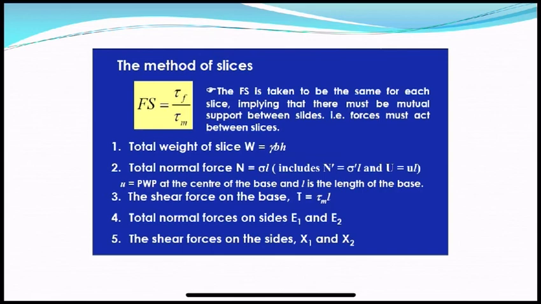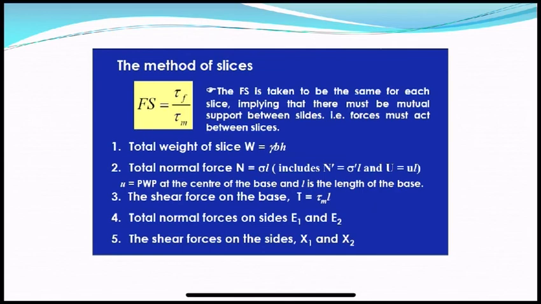The total weight of the slice W is equal to gamma times b times h. If you consider a slice of width b, the height is measured at the center of the base, where the weight is actually acting, so the weight is gamma into b into h.